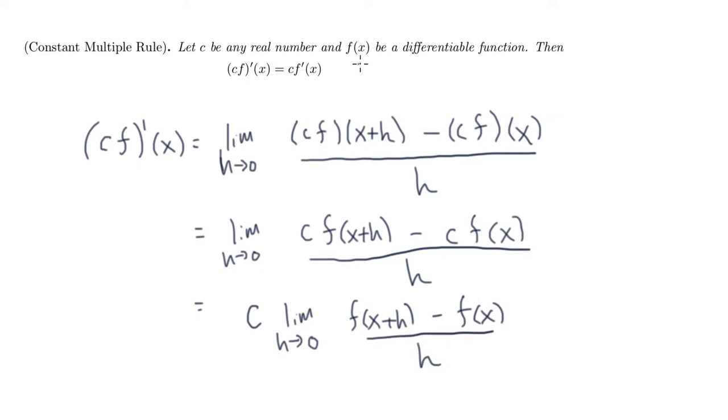But now I'm assuming that f is a differentiable function. So that means that this limit right there exists and is actually equal to f prime of x. So then this is equal to c times this function, which is f prime of x.